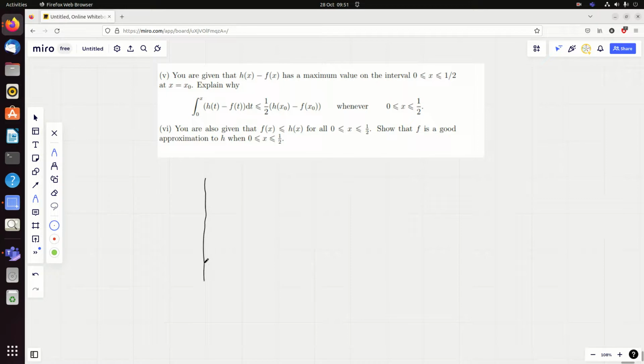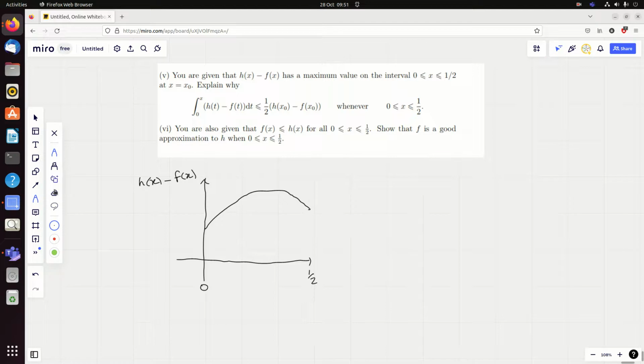Let me just draw a picture. x is going to be between 0 and a half. If we call this function h of x minus f of x, this is the h of x minus f of x axis, because I'm interested in the value of h of x minus f of x. This definitely has a maximum somewhere between 0 and a half.